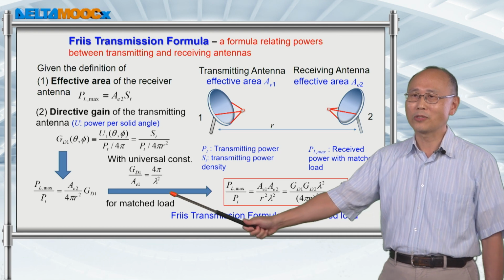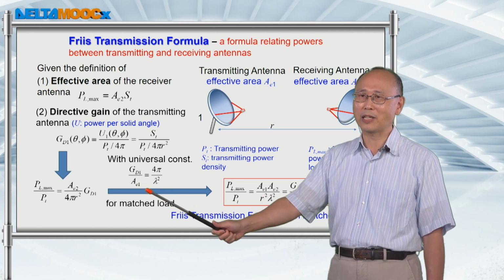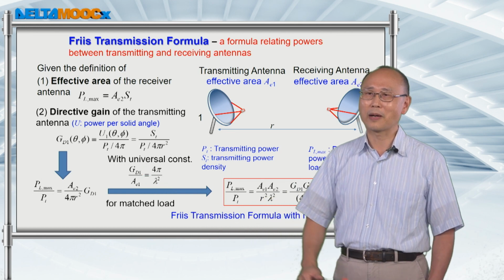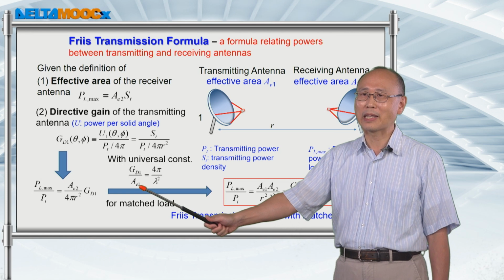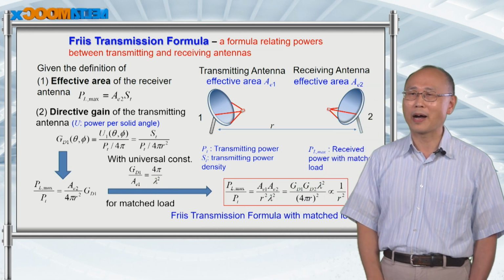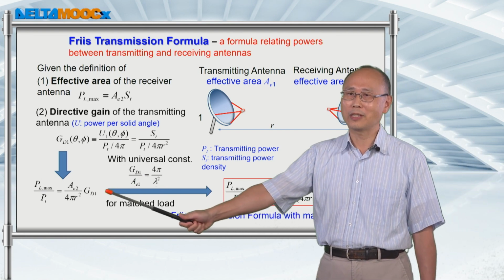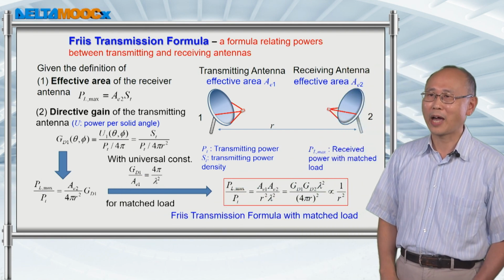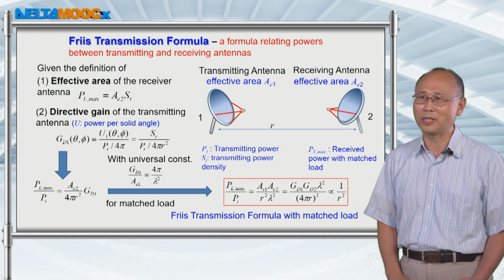And then we also have the universal constant given by this expression. This is the directed gain of antenna 1 divided by the effective area of antenna 1, which is equal to 4 pi over lambda squared. So if you put this into this expression, then you will have the expression relating PL maximum to PT.